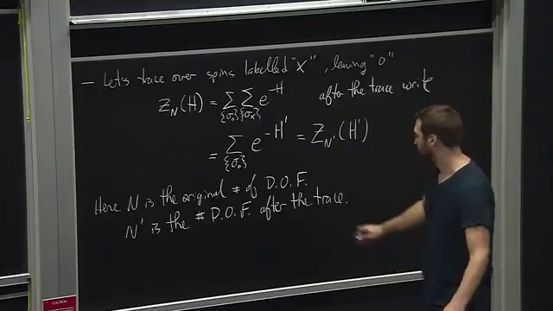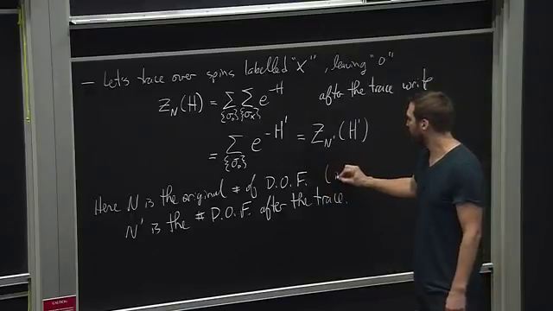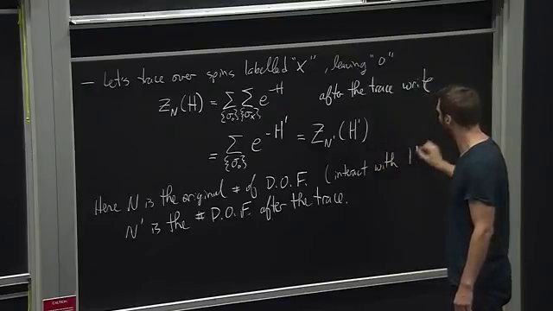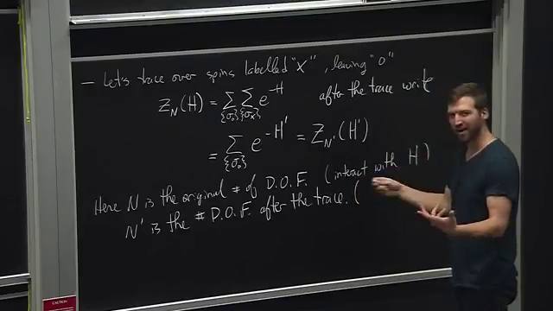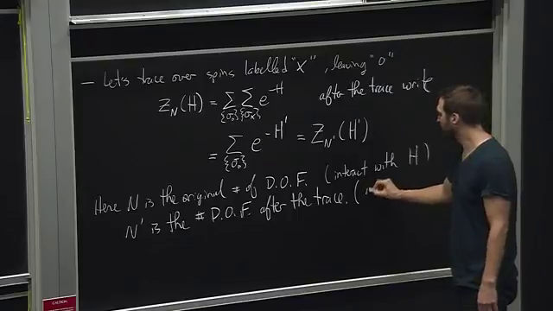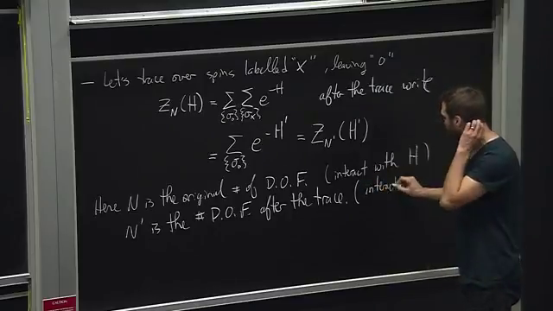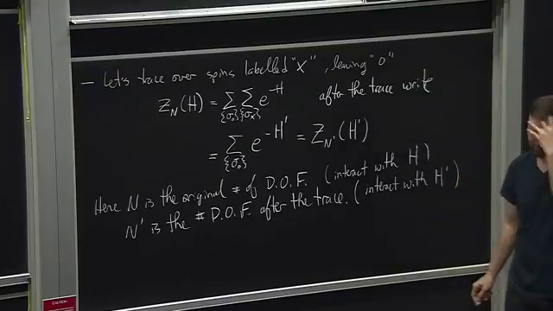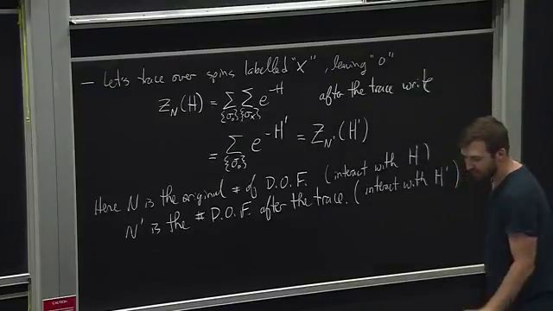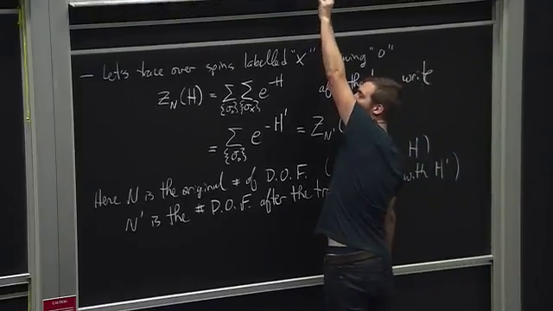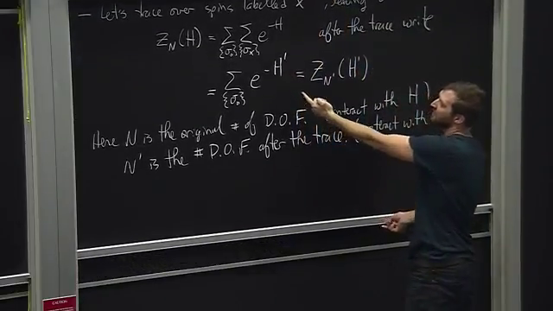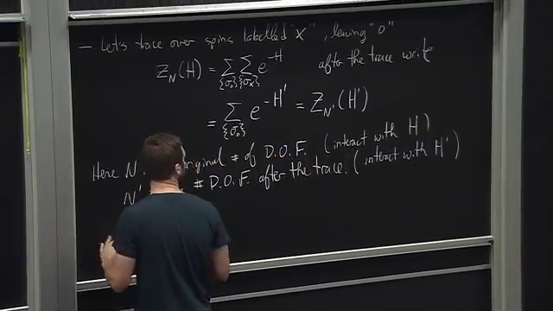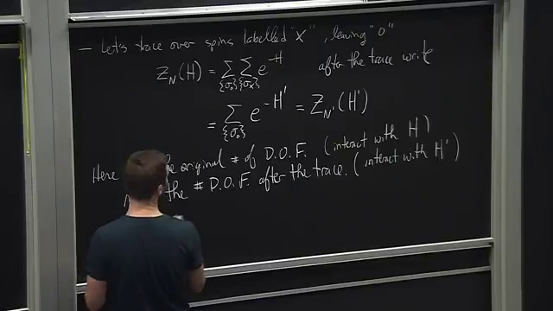Okay. These original degrees of freedom interact with H, and the coarse-grained degrees of freedom interact with H prime. So what is H prime? I've defined it through this equation here. So formally you can just say it's log of the trace of e to the H.